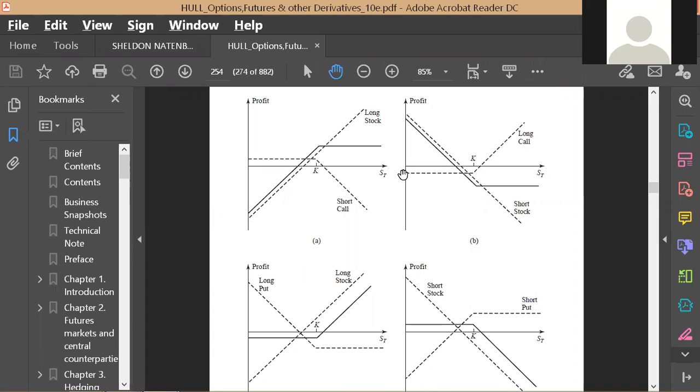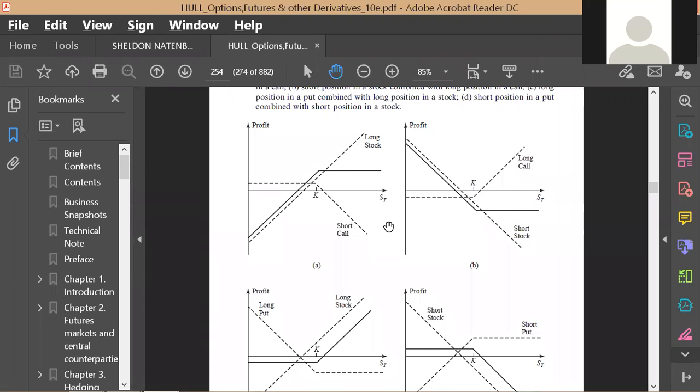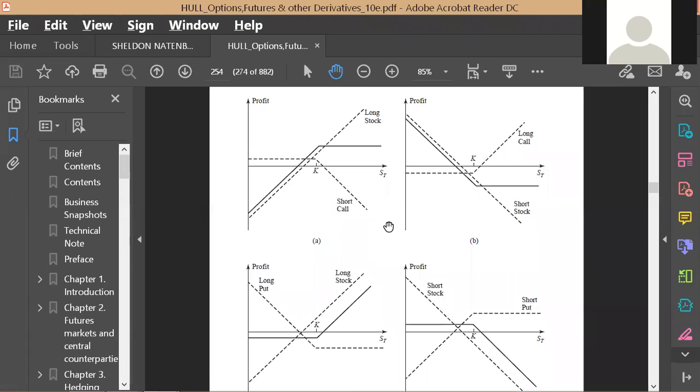Okay. So the way you understand this diagram is, in this diagram, we have looked at four. Here we have already discussed 2 positions, short underlying and long underlying, and we talked about the synthetic equivalents. So here we are talking about the 4 option positions and their synthetic equivalents. The scheme of this diagram is that the solid line shows you the position for which we are discussing the synthetic equivalent.